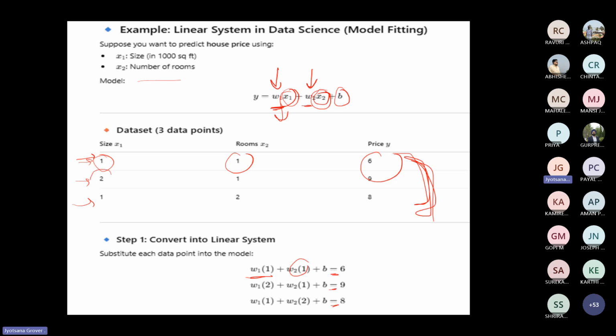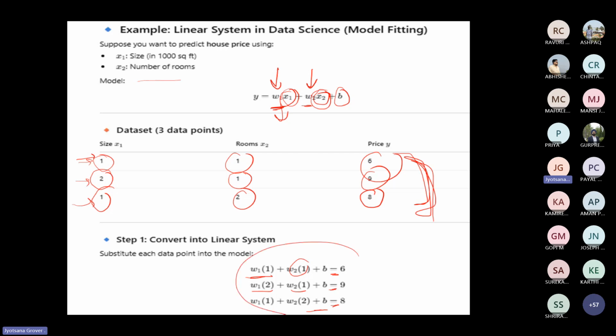Then you have 2 into W1 plus 1 into W2 plus B is equal to 9. Then you have W1 into 1 plus 2 into W2 plus B is equal to 8.